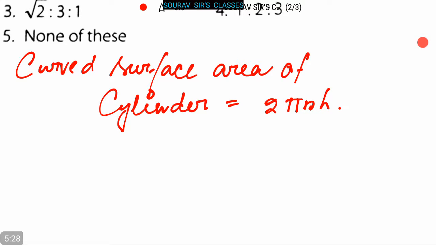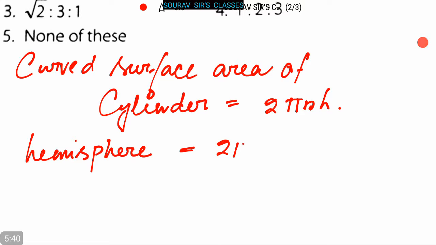Now the curved surface area of hemisphere, in case of the hemisphere, this is equals to 2 pi r square.